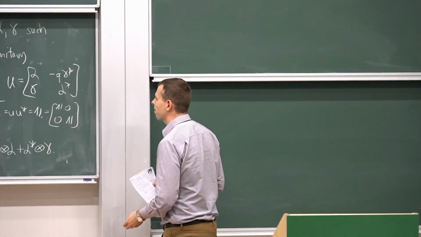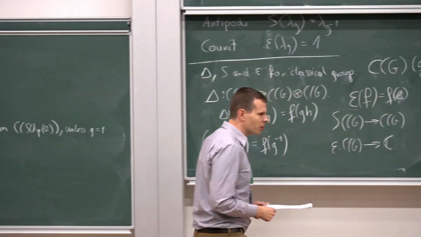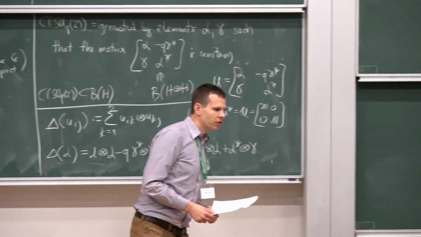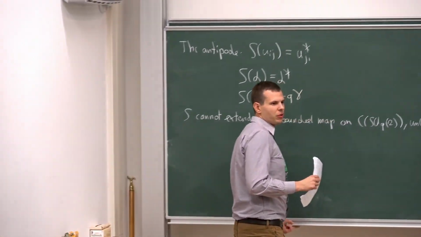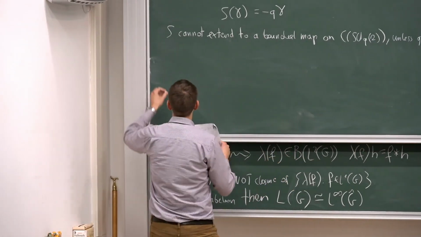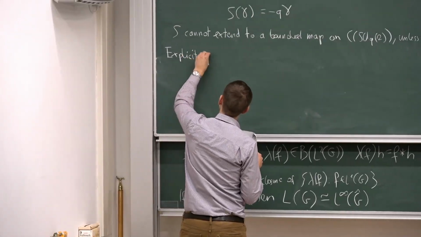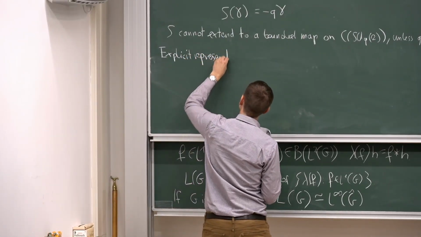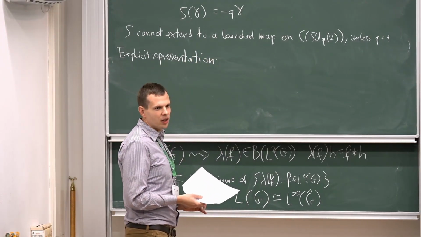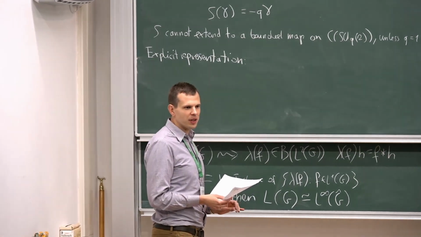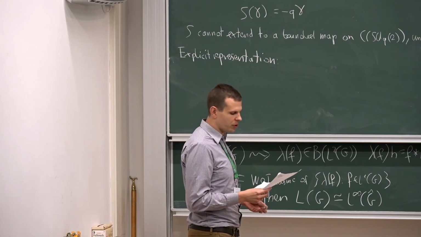So maybe I can. Okay. How many minutes? 2 minutes. Okay. So I will just write the explicit representation to wrap things up. So you want to find operators alpha and gamma on some Hilbert space that would satisfy these properties, so that if you form this 2x2 matrix, it will be unitary.